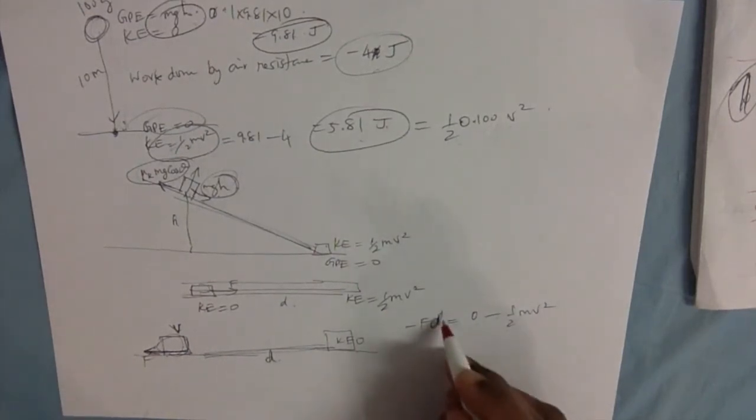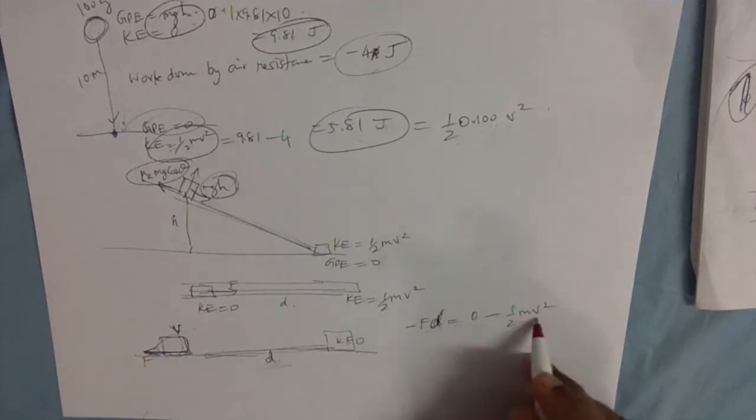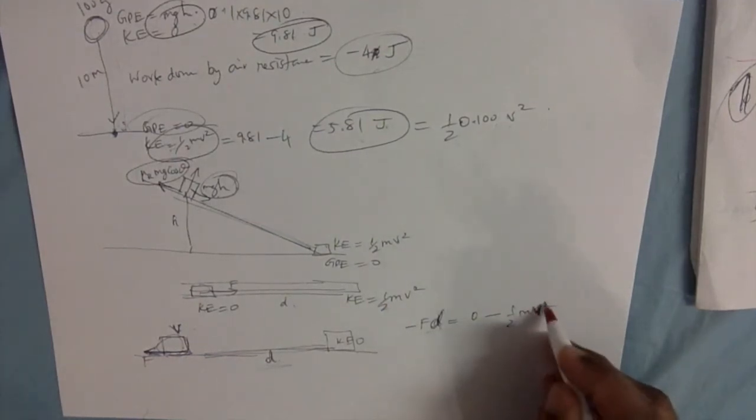So there is a certain displacement or stopping distance. What will happen if the velocity is doubled?